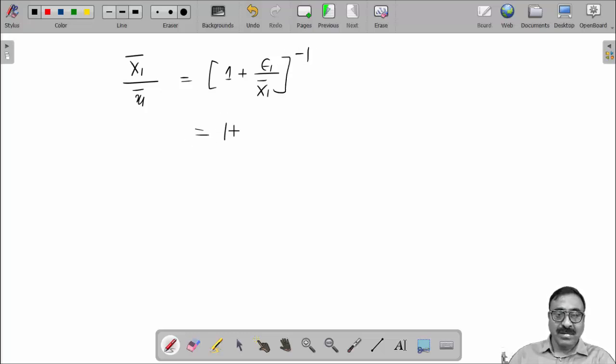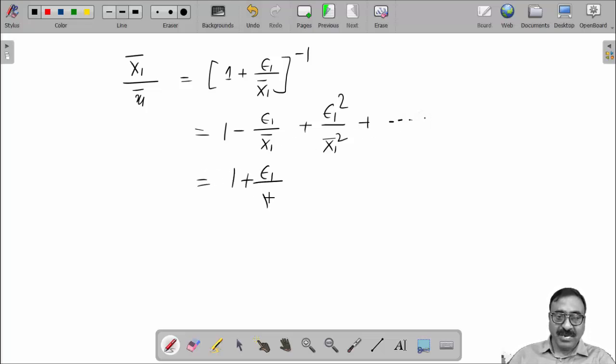So that is equal to 1 minus epsilon 1 by X1 bar plus epsilon 1 square by X1 bar square, and so on. So that is 1 minus epsilon 1 by X1 bar plus order of epsilon 1 square.